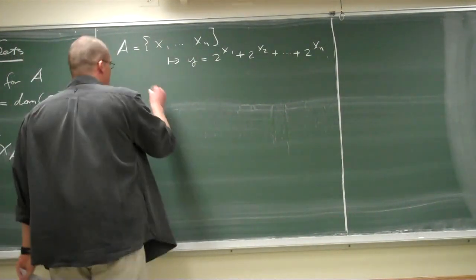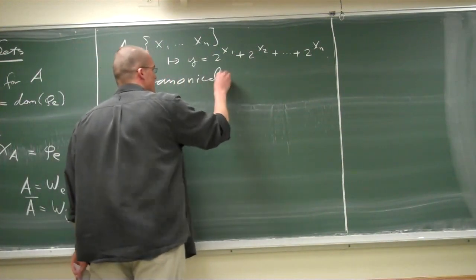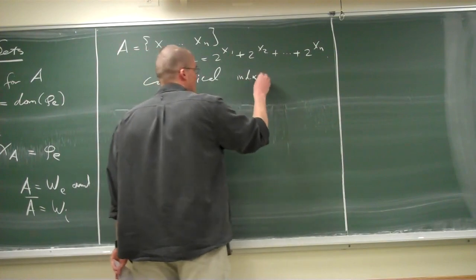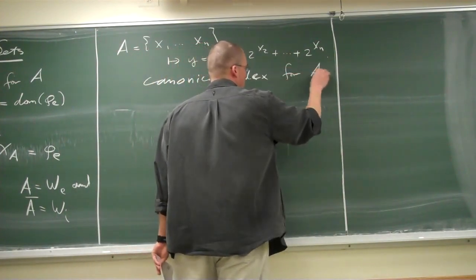This is called the canonical index for A.